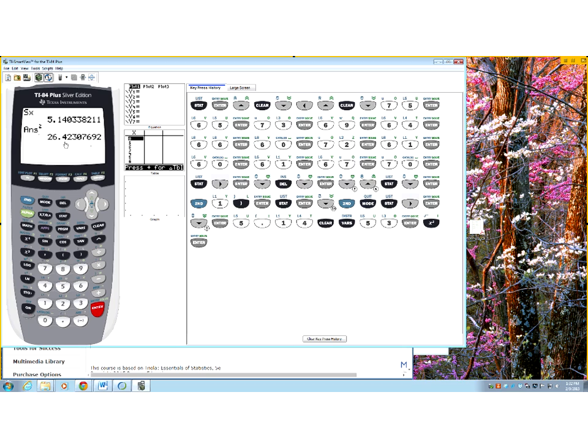And if I rounded the variance, it would be 26.4. Okay, so I'll take you back to the whiteboard and we'll finish it off there.